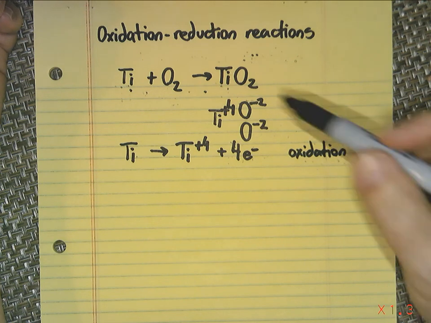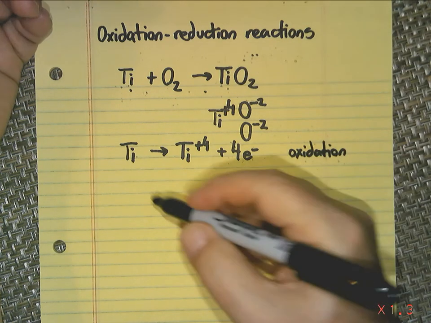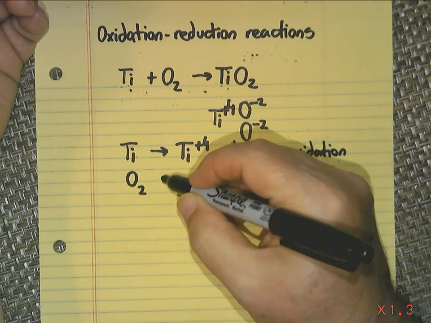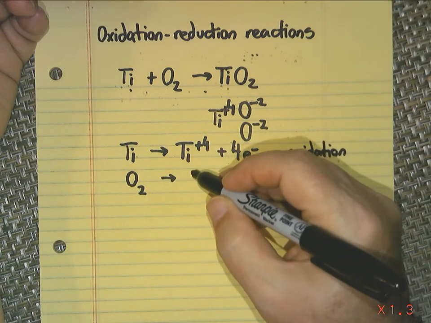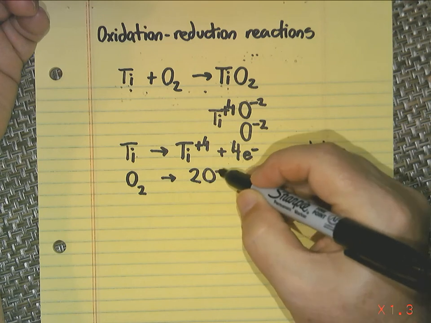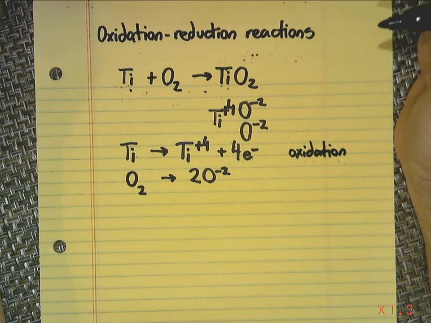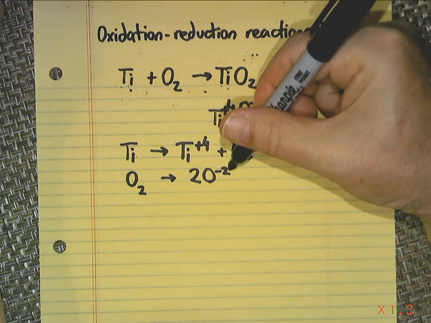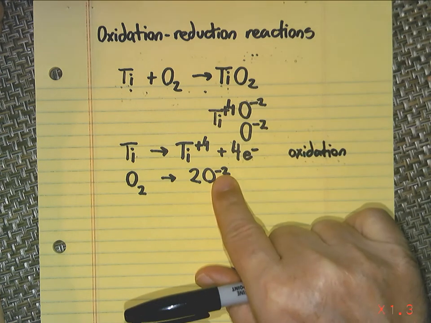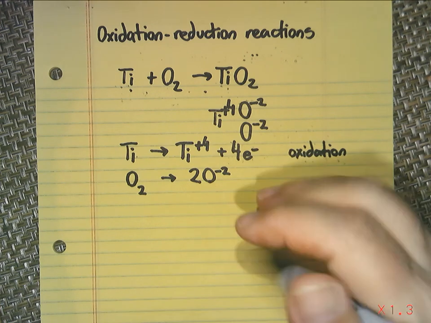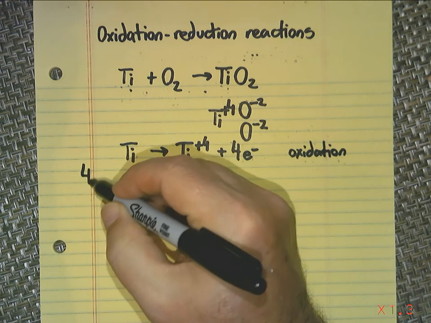Now, if I look at what happens to the oxygen, I can write it like this. The O2 turns into 2 oxide ions, and it must be gaining a total of 4 electrons. Each oxygen atom gains 2 electrons, and then there are 2 of them, so it must be gaining 4 electrons.